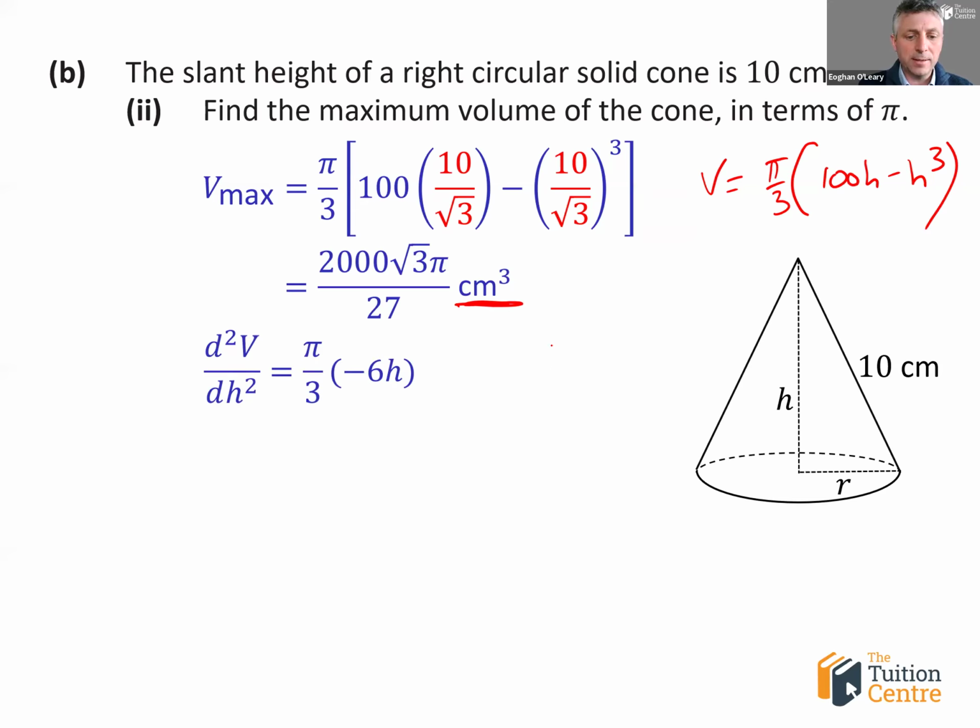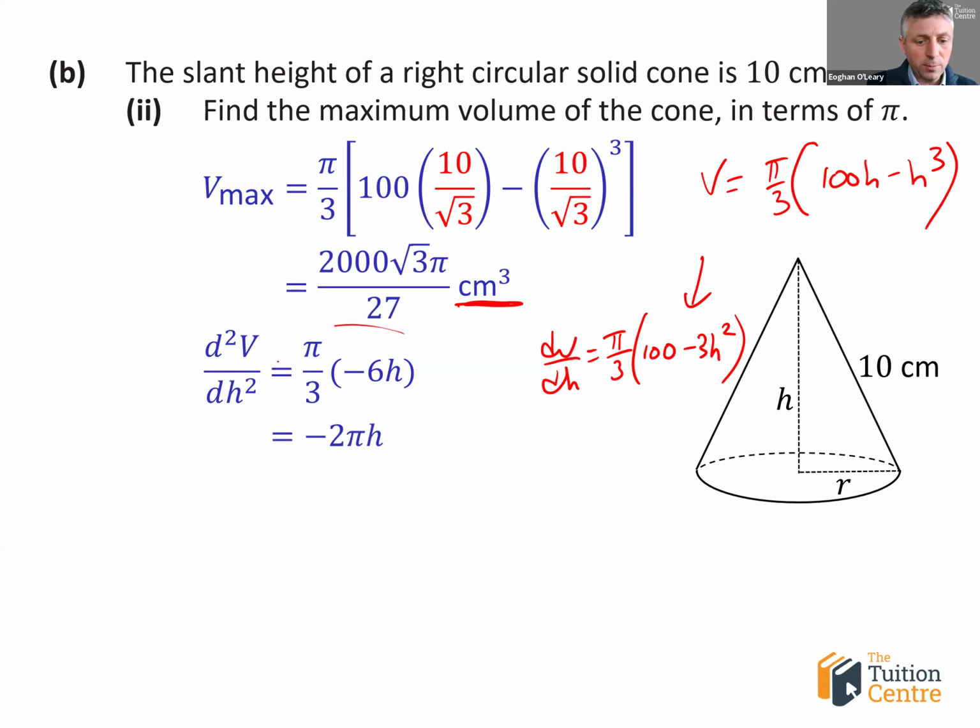So if you remember, we had dV/dH was equal to pi over 3 times 100 minus 3H squared. So again, differentiate. The only part you need to worry about is the bit inside the bracket. The 100 will disappear when you differentiate. Minus 3H squared will become minus 6H.